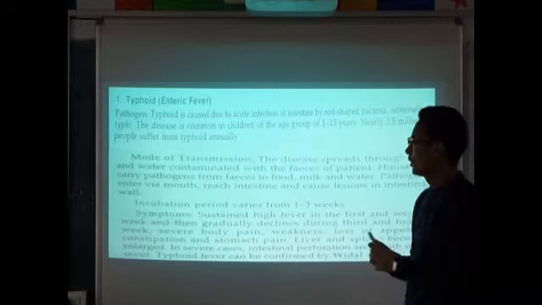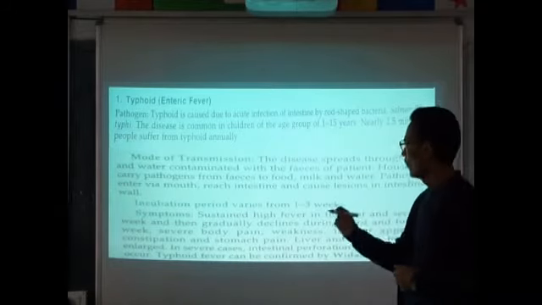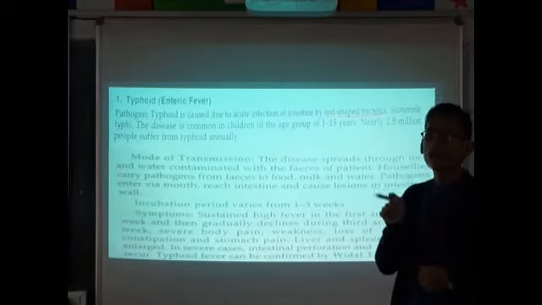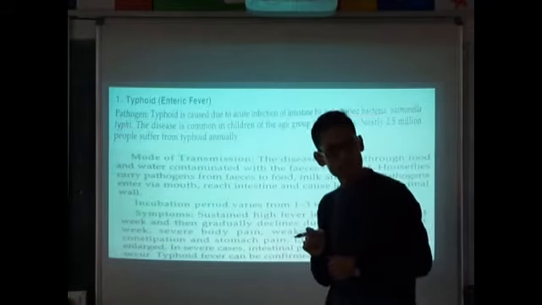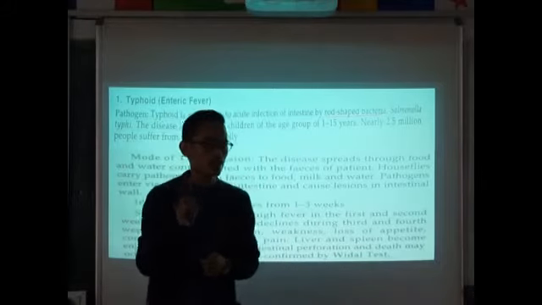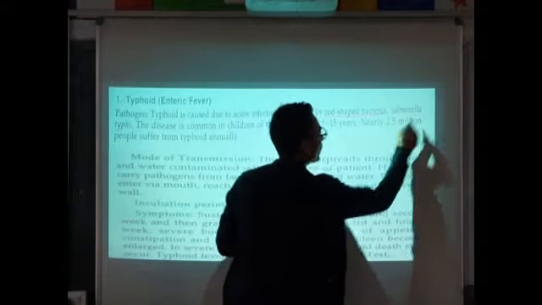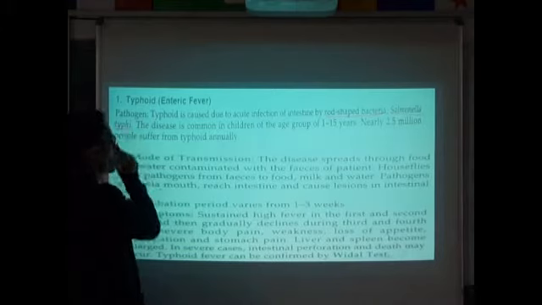So therefore, the causative agent of typhoid is mainly a rod-shaped bacteria. The shape of the bacteria will be like a rod shape here, and the scientific name of this rod-shaped bacteria is Salmonella. Can you remember? Salmonella typhi.